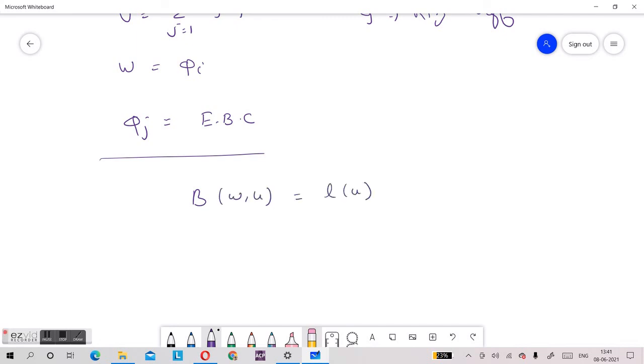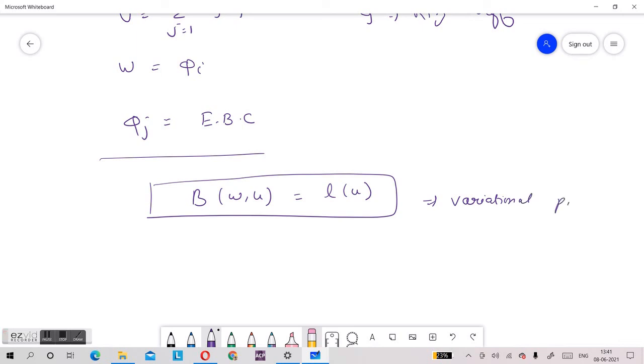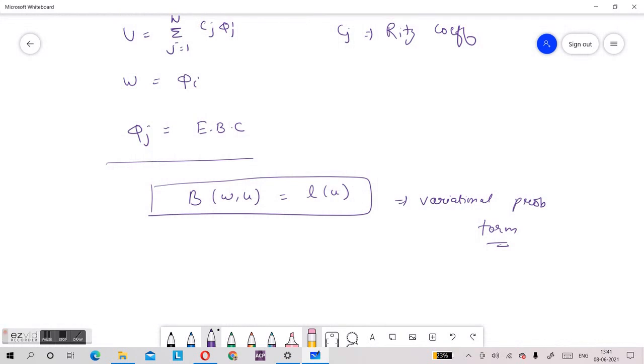Okay, this is the variational problem form. So we will take another example of the Rayleigh-Ritz method in the next class.